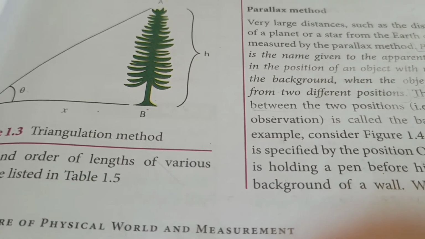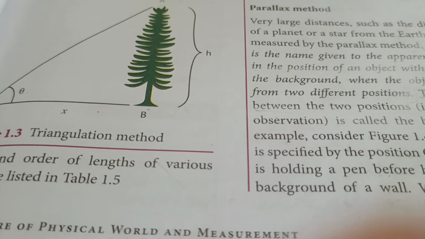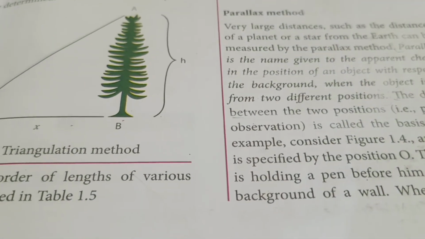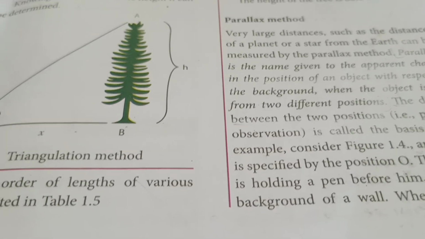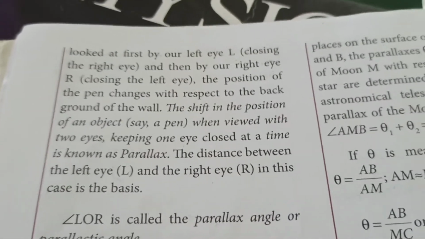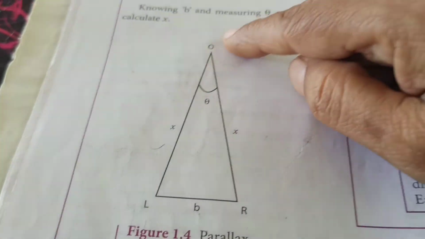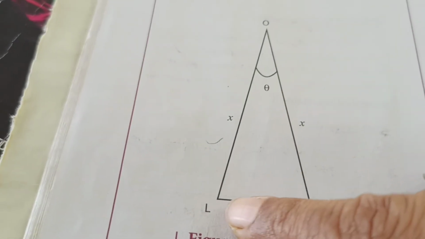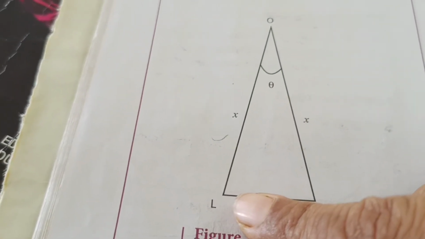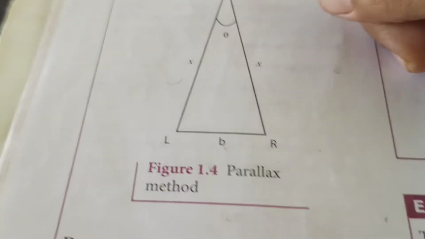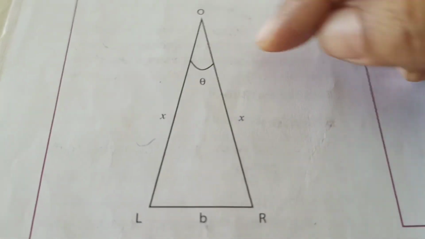So the position of the observer is O. The observer is holding a pen before him against the background of a wall. The pen is looked at first by our left eye, then by our right eye, closing the left eye.